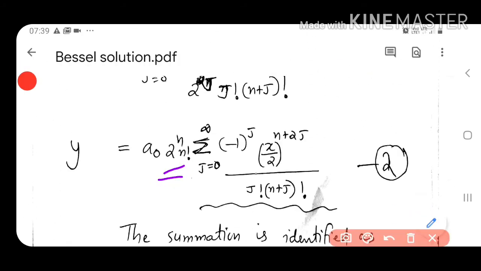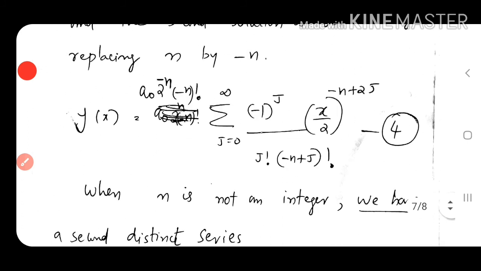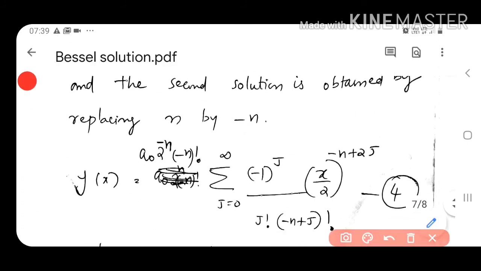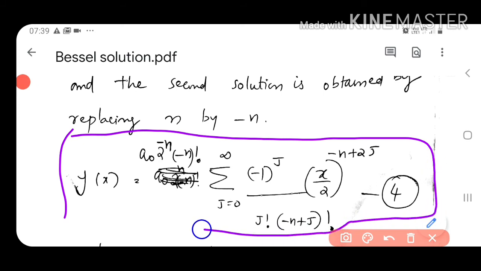So for n we are taking minus n, and the second solution is given by y equal to a0 2 raised to minus n factorial, sigma j, minus 1 to the power j, x by 2 to the power minus n plus 2j, j factorial. This is y2 of x, the second solution.